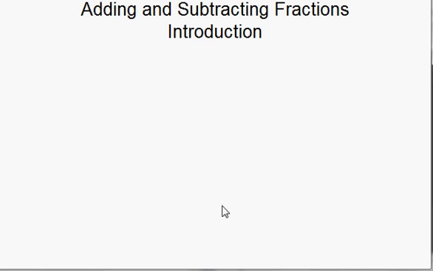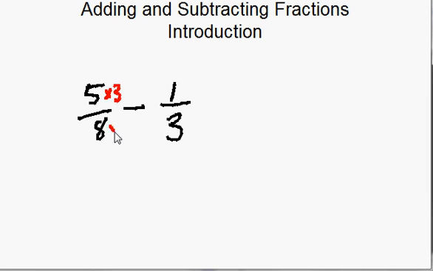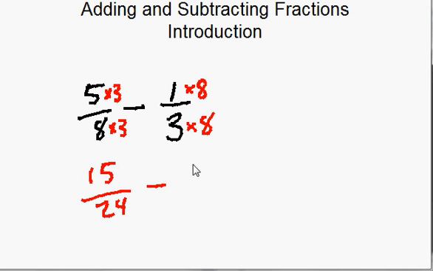Okay, let's try subtraction. How about 5/8 minus 1/3? Okay, so just multiply top and bottom of the left by 3 and the right by 8 on top and bottom. Okay, and that gives me 15/24 minus 8/24, which is 7/24.